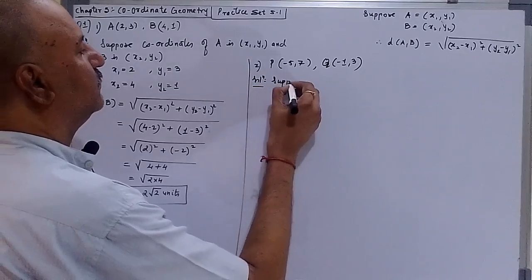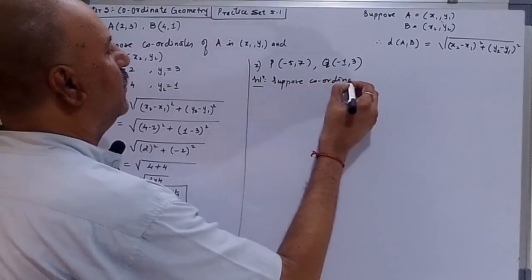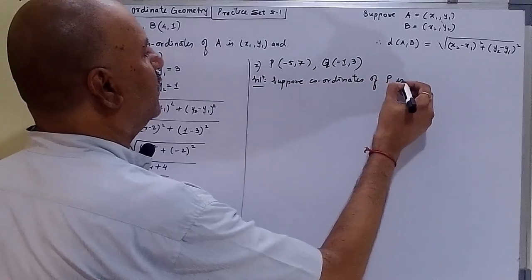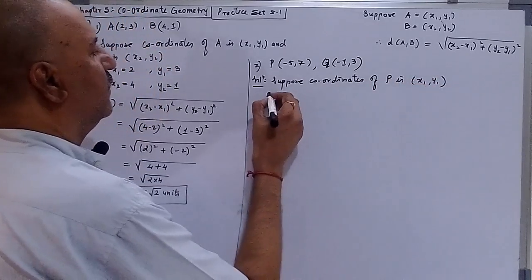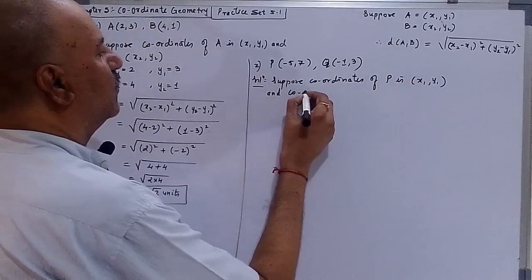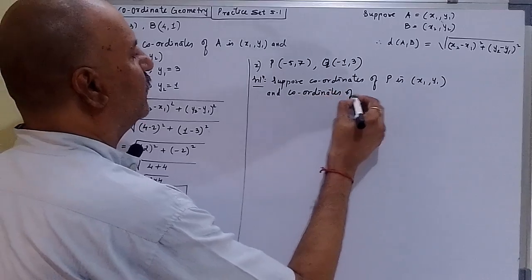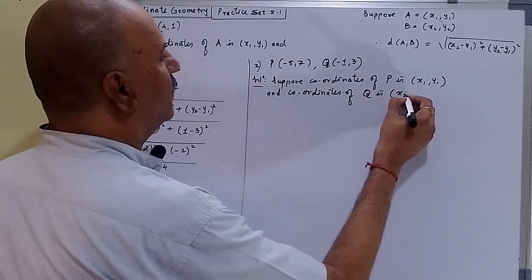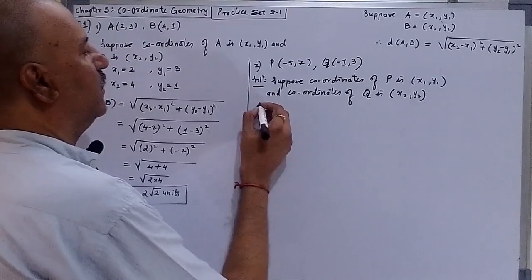Suppose the coordinates of P is x1, y1 and the coordinates of Q is x2, y2.